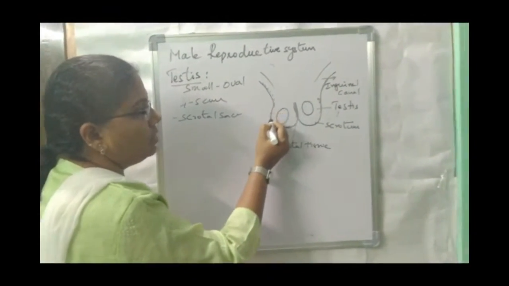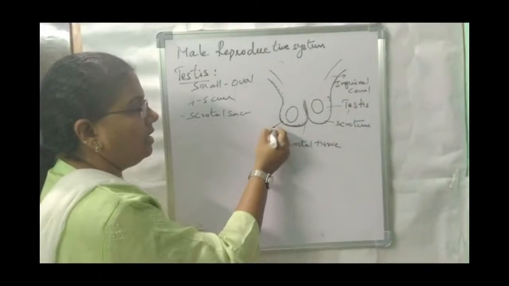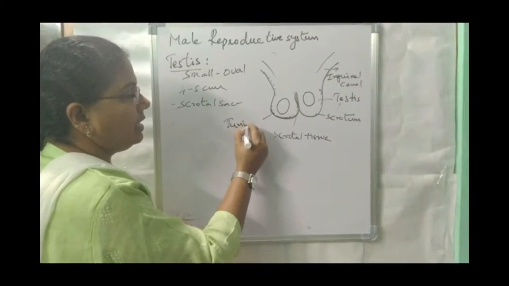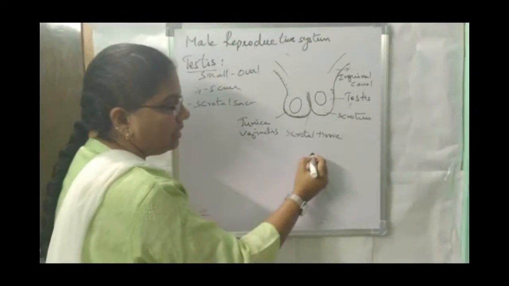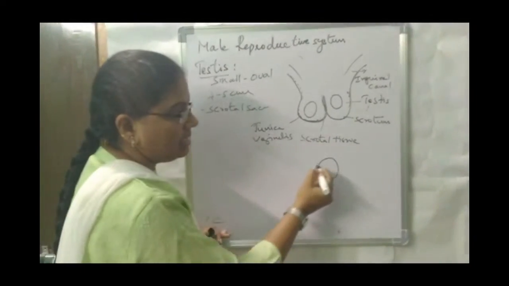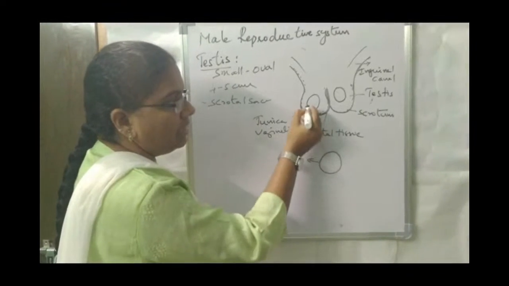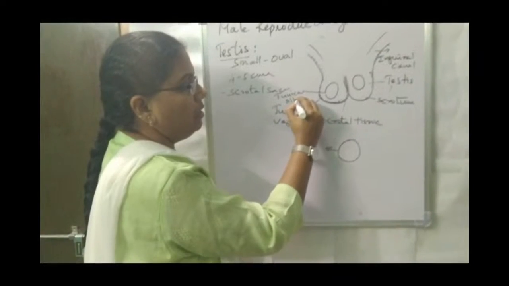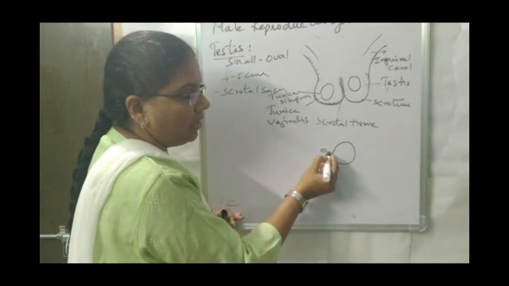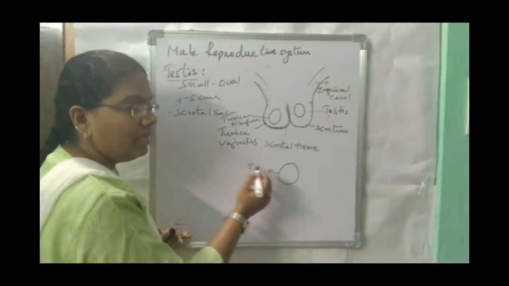The outermost scrotal layer is called the tunica vaginalis. This is the scrotum, this is the testis. The outer layer of the testis is called the tunica albugina.